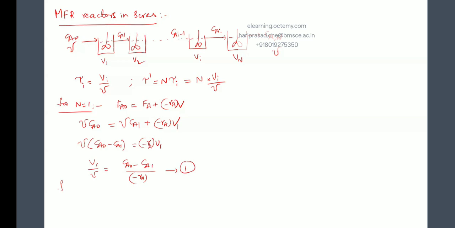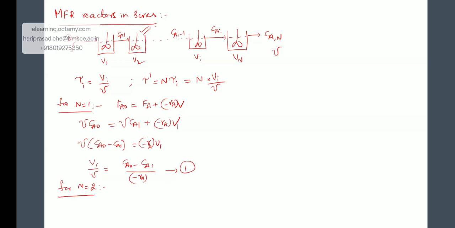Similarly, for n equal to 2, that means only the second CSTR, you write the same material balance, but here the input is Ca1 and the output is Ca2. The volumetric flow rate is the same, and the volume is V2.